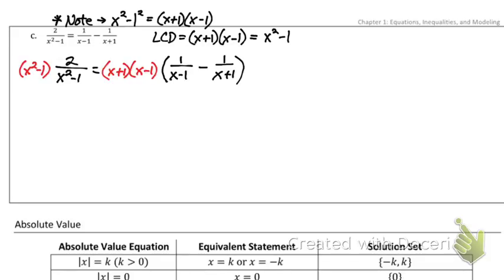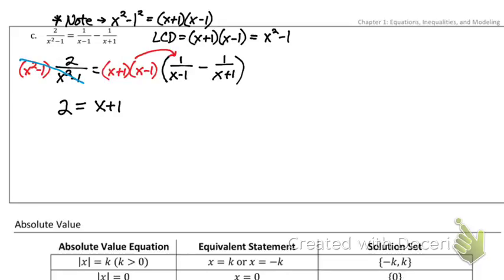However, by changing the look of it, these now cancel out. So I can now cancel out this, and I'm just left with 2 on the left-hand side. Let's go ahead and distribute. When I distribute the right-hand side, we're going to see that we have x plus 1 times x minus 1 all over x minus 1. So the x minus 1s will be canceling out, and we'll be left with x plus 1.